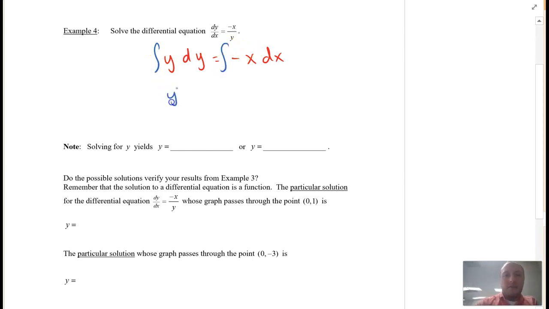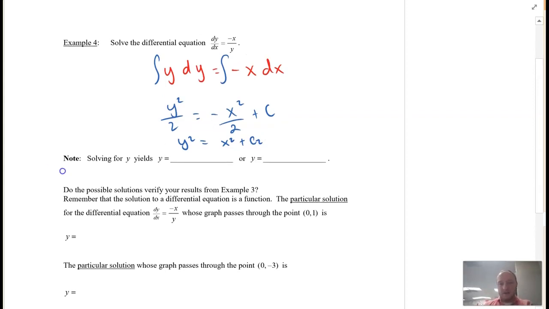So we now have y squared over 2 is equal to negative x squared over 2 plus c. We'll multiply both sides by 2, so we get y squared is equal to negative x squared plus c.